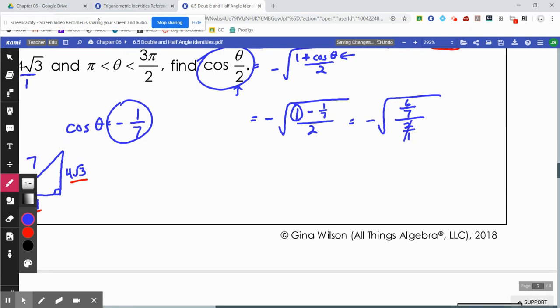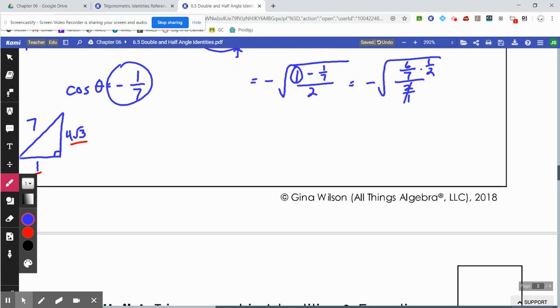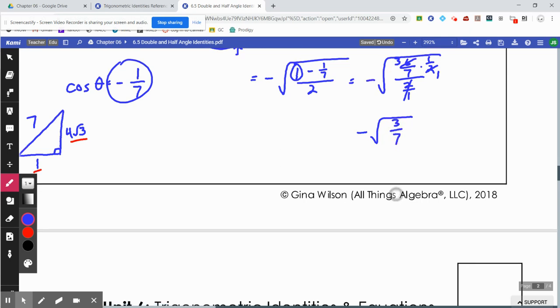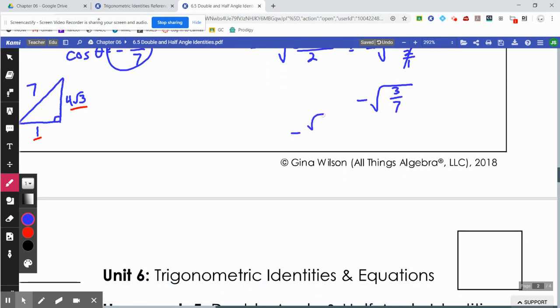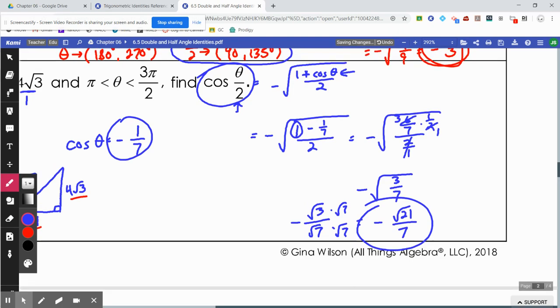Flip and multiply, so we're going to do times 1/2. That's going to be the negative square root of, let's cross cancel, that's a 1 and a 3. So that's going to give you 3/7. Let's write that as the negative square root of 3 over the square root of 7 and rationalize by multiplying top and bottom by root 7. That's going to be negative root 21 over 7, which will be the cosine of theta over 2.